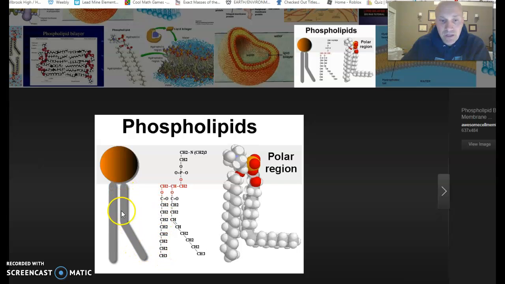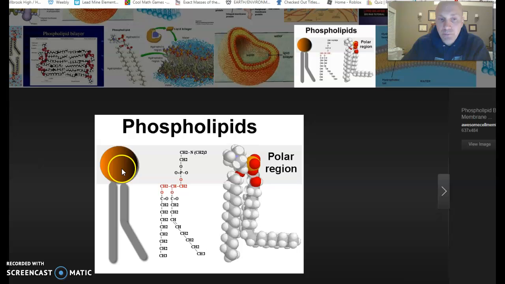This bent part right here, the reason for that bend is that there tends to be a cis double bond in that particular fatty acid. And then this head right here is what is used to represent the polar part of the phospholipid, the phosphatidylcholine part.